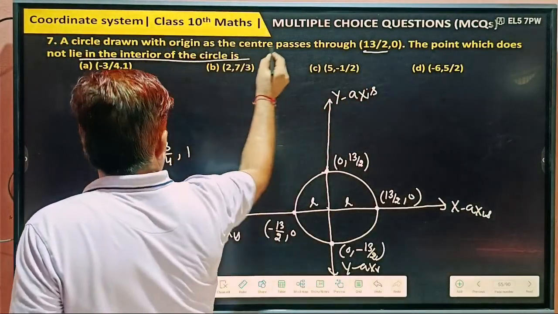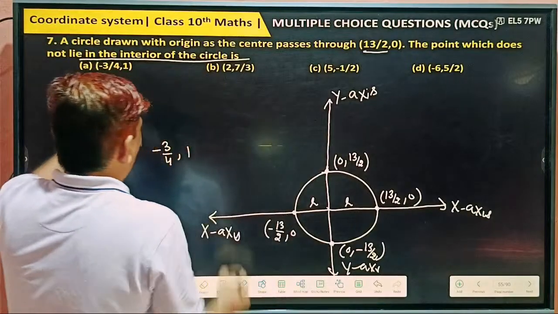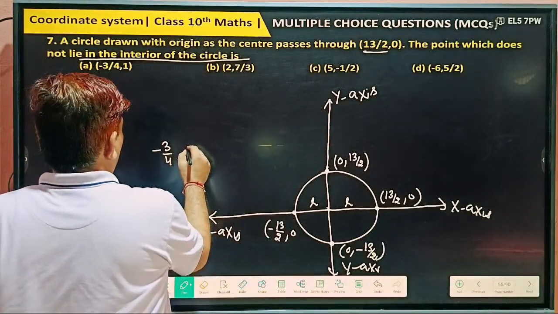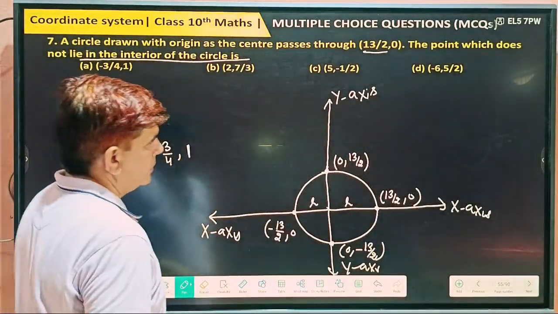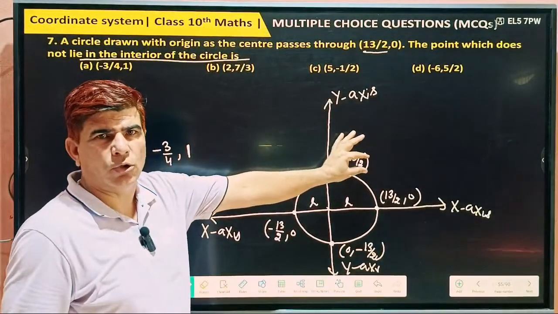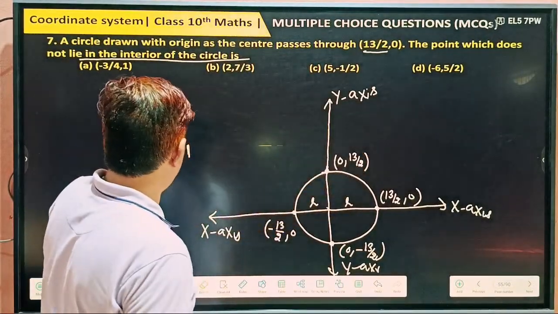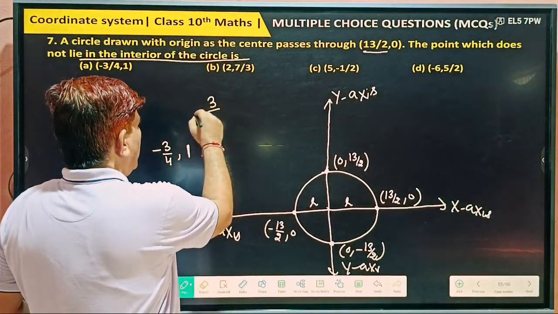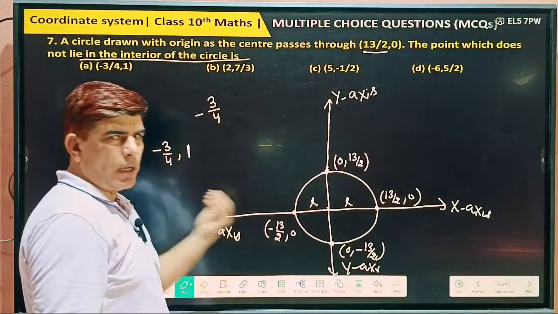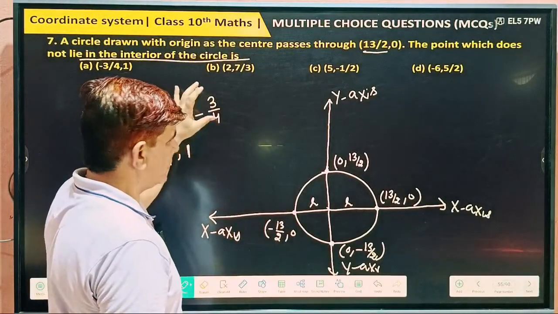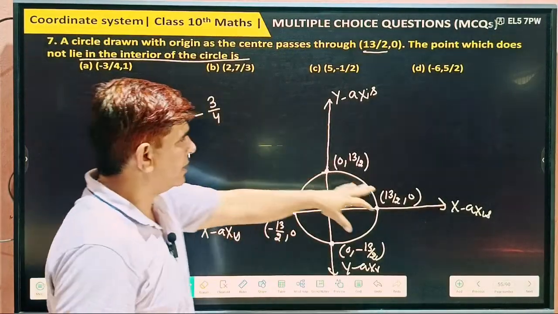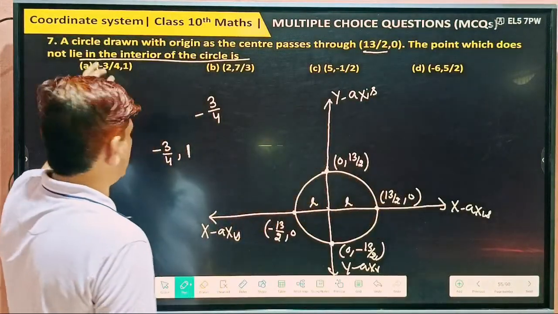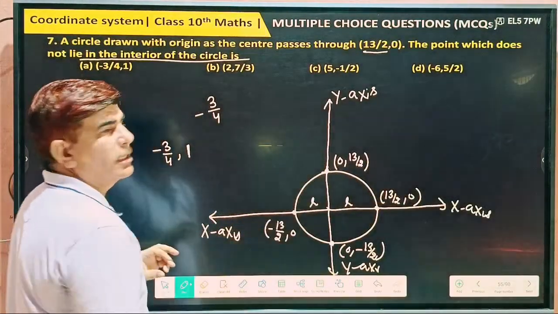The first point is minus 3/4 and 1. Since 1 is less than 13/2, it is definitely lying inside. But minus 3/4 is in the negative part of the x-axis, and the radius is greater than this, so this point must lie in the interior of the circle.